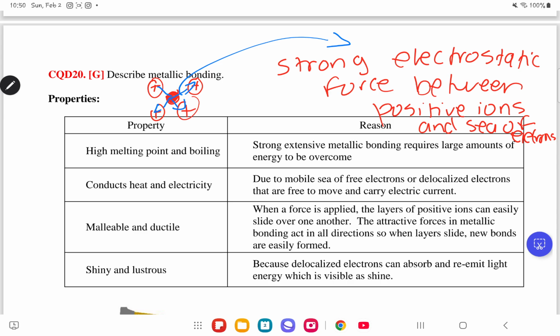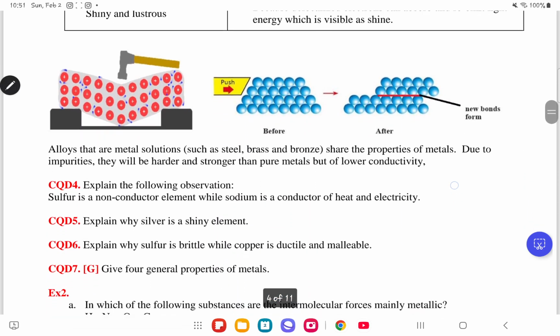These positive ions surround the electrons, which are called the sea of electrons. If you were to write it in words, it's a strong electrostatic attraction between the positive ions, which are cations, and a sea of mobile electrons.